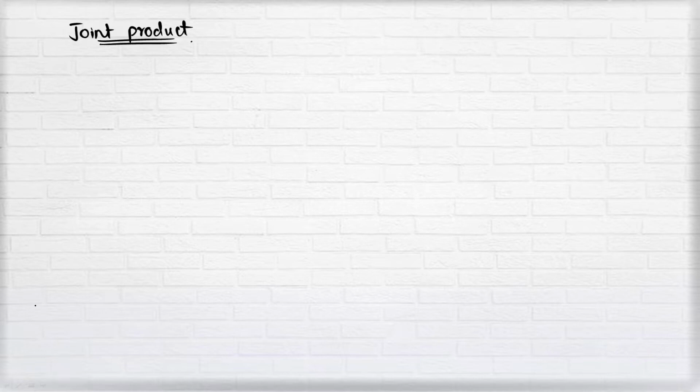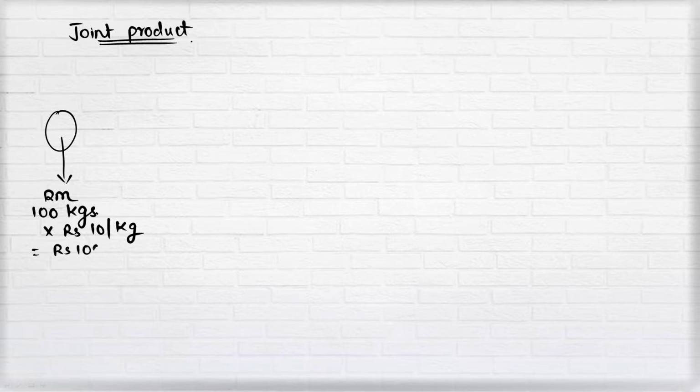Try to concentrate. Again, I am drawing the same example. Raw material of 100 kgs is introduced in a process at the rate of rupees 10 per kg. What is the total cost? Rupees 1000.